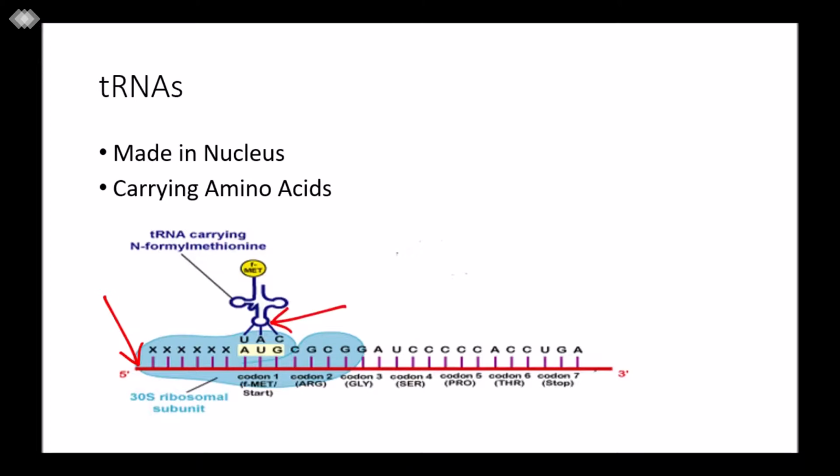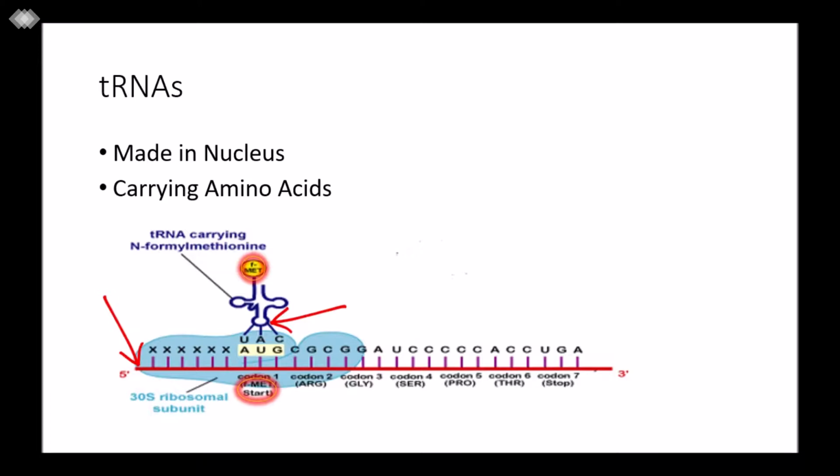In this case, the initiator tRNA will have an anticodon of UAC, so that it matches up with the start codon that we know as AUG. Additionally, this initiator tRNA will have an amino acid called methionine, which corresponds with the start codon.